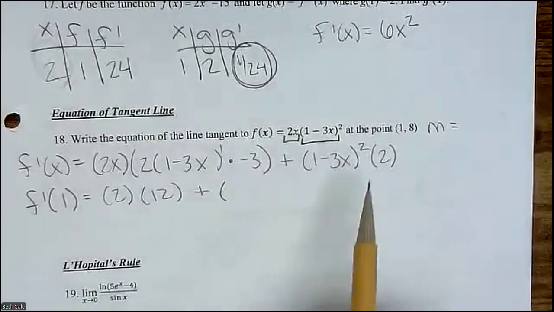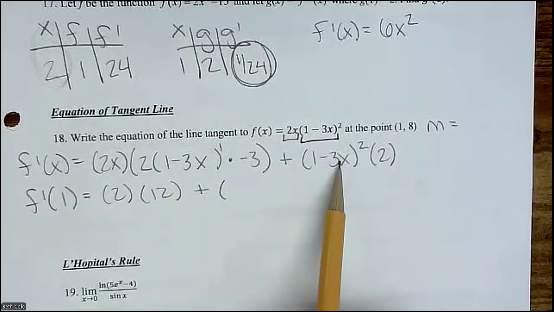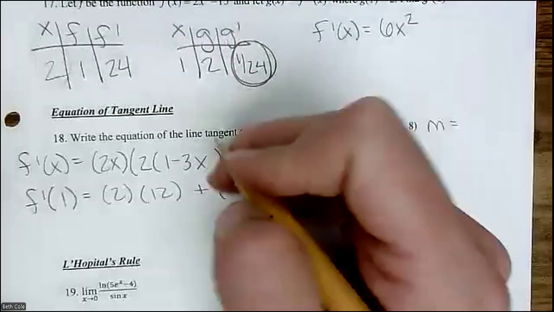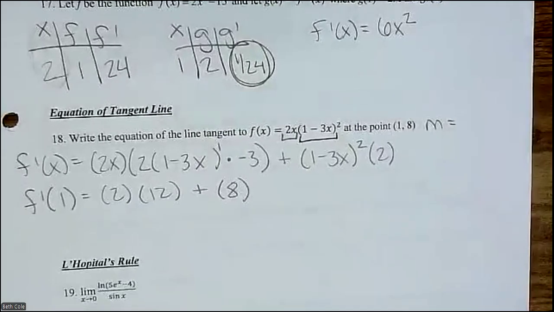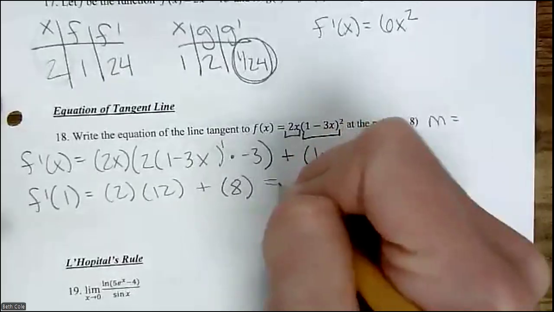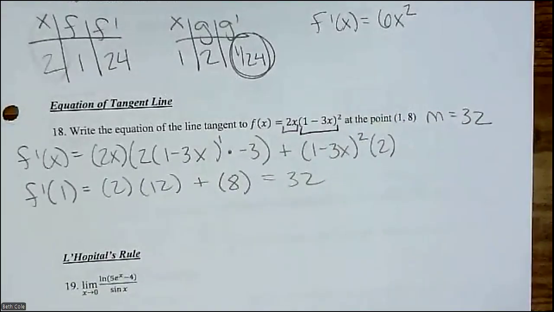Good. Plus, all right, let's see, that would be 1 minus 3 is negative 2, squared is 4, times 2 is 8. So what is that? 24 plus 8 is 32. We had to do some math there.